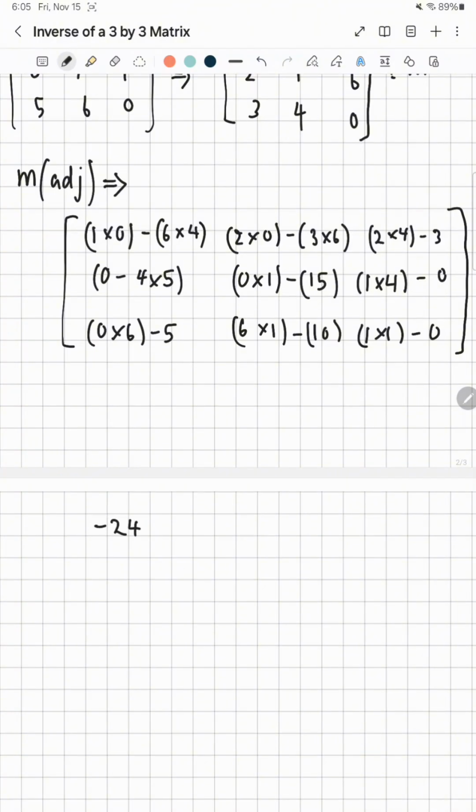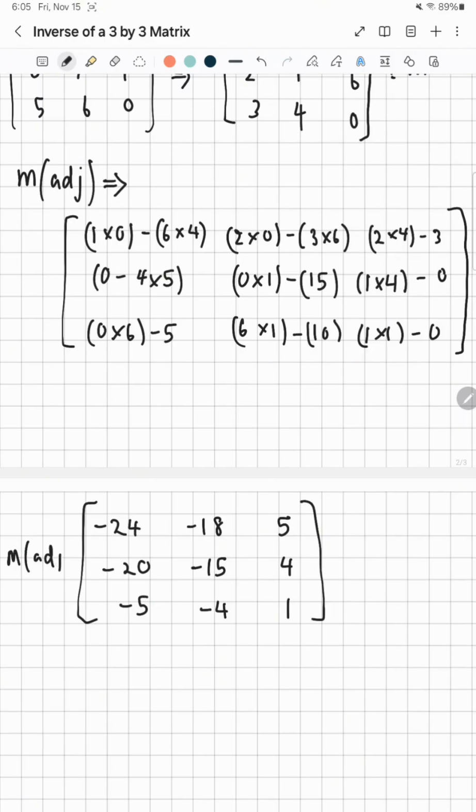You just use your calculator to find the values. So yeah, here's your matrix.